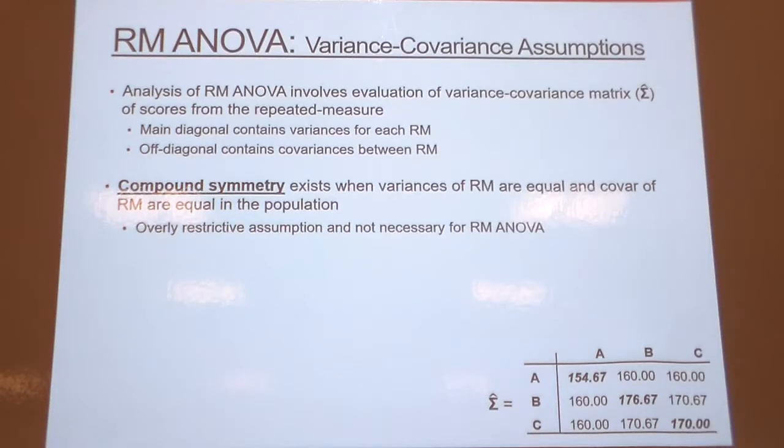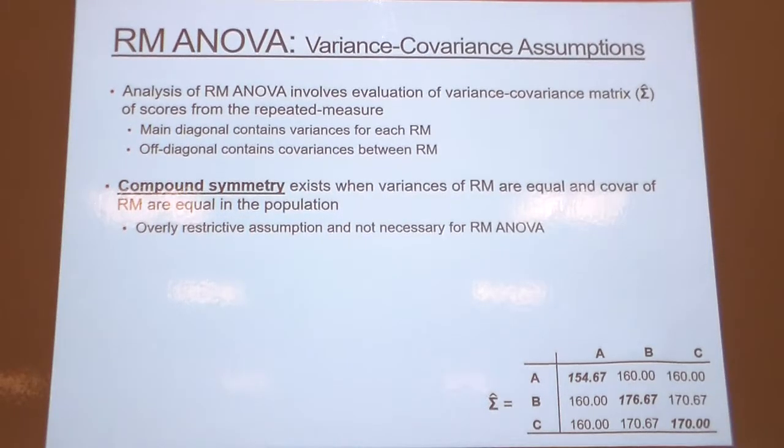If we were to say that this variance covariance matrix met criteria for compound symmetry, we would say that the variances of our repeated measures, the variability of each one of our repeated measures, is equal across the population, and that all of these covariances are also equal.